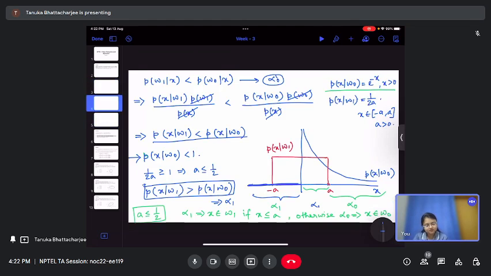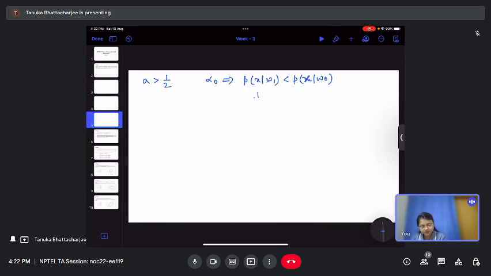So your x given omega 1 is 1 by 2a, that should be less than e to the power minus x. Then you will take the action alpha 0. If you take the log on both sides, it becomes minus ln of 2a should be less than minus x, or your x should be less than ln of 2a.